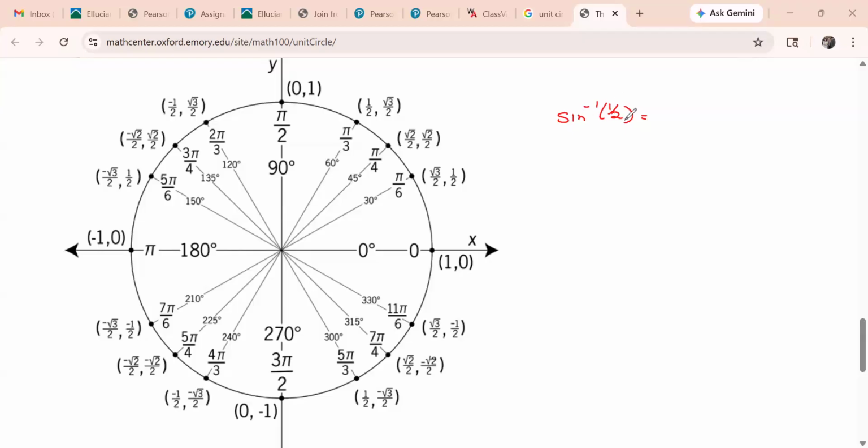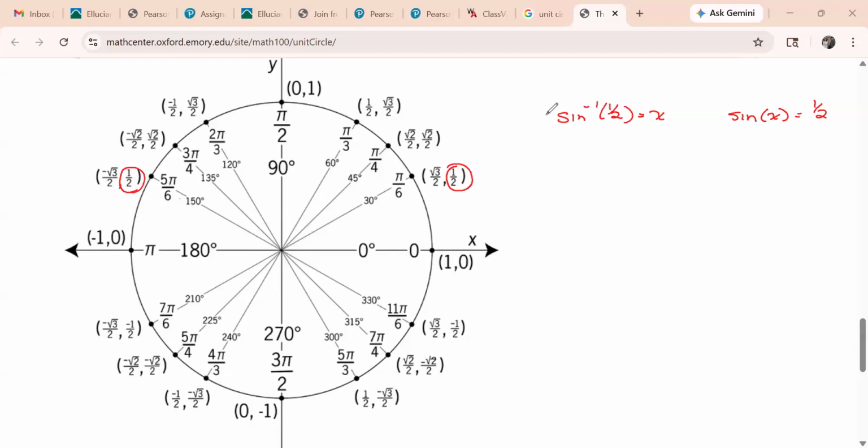So inverse sine of 1/2, remember this is just the equivalent of saying this has to equal some sort of x. That means that there is a sine of some sort of x that equals 1/2. So we're just looking for sine is 1/2. We see that it's here, and we see that it is here.